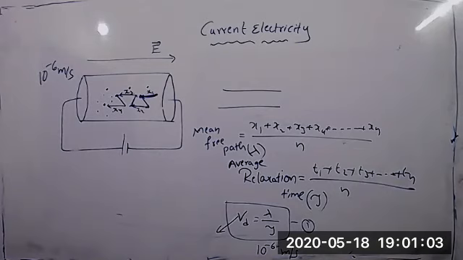Did you complete the first PDF? Sir, almost finished, some 20 are there. What about doubts? Only one question is there. What is the question number? Just a minute, sir.